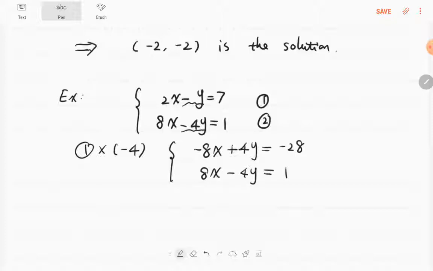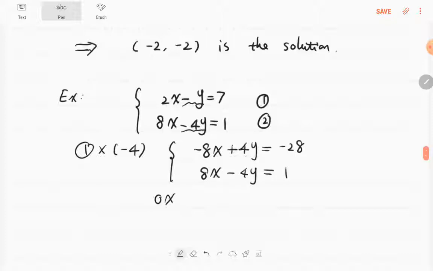After that, this time we realize we could add them up to eliminate. So we add the left side first. Negative 8x plus positive 8x, we'll get 0x.